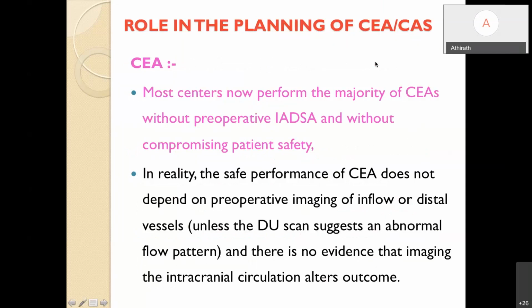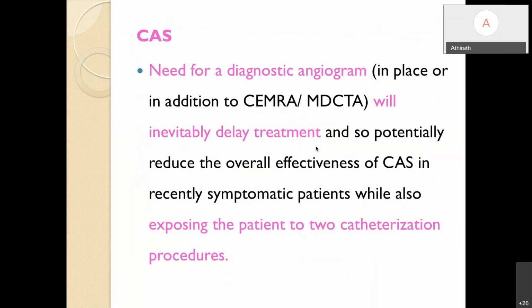In the planning of CEA and CAS, coming to the first surgical intervention, that is CEA, most centers perform the majority of CEAs without any preoperative digital subtraction angiography because of the advent of CT and MRI in knowing about the anatomy. In CAS, the need for a diagnostic angiogram will inevitably delay the treatment when you choose digital subtraction angiography.